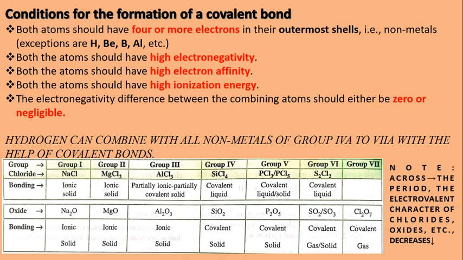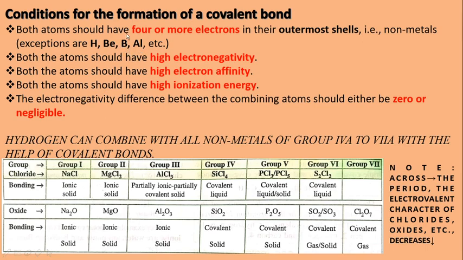Okay, then conditions for the formation of a covalent bond. Here we are listing five important conditions. The first one is both atoms should have 4 or more electrons in their outermost shell, that is, they must be non-metals. Exception cases are hydrogen, beryllium, boron and aluminium.